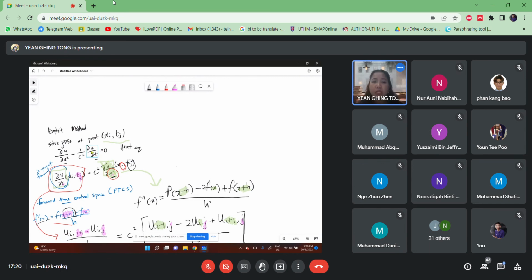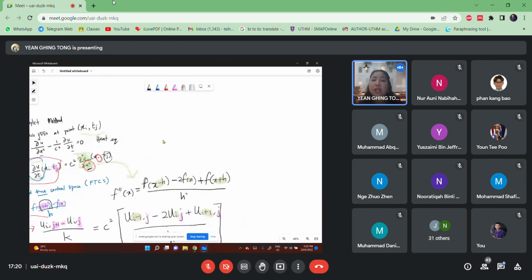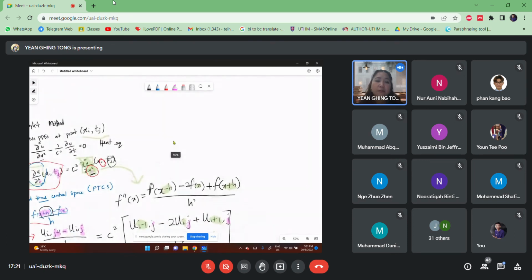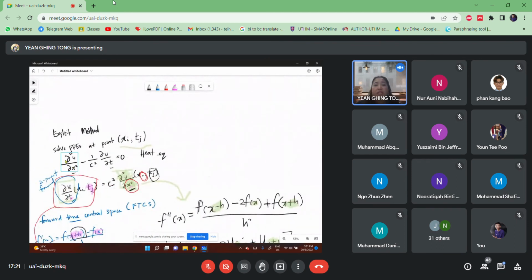And we will have to find the value of u. So maksudnya kita akan ada something like this lah, okay? Okay, so then, the equation untuk heat equation adalah macam ni. Second partial of u, ni.